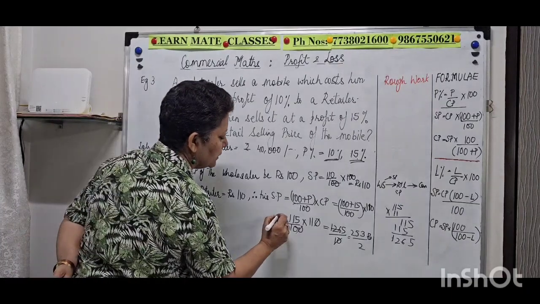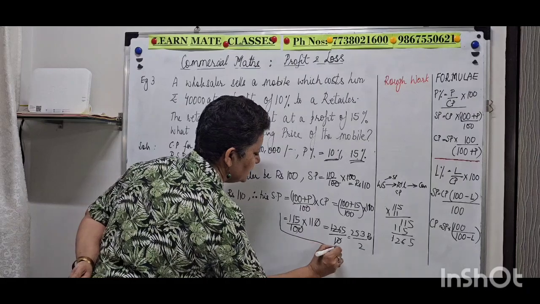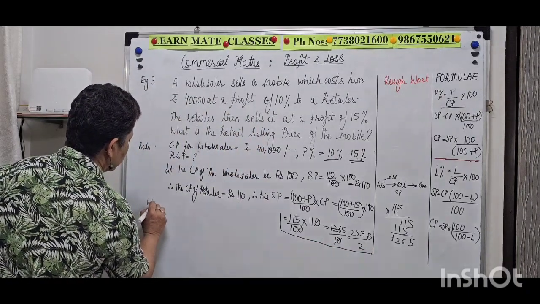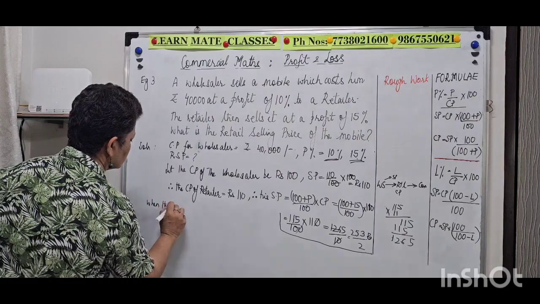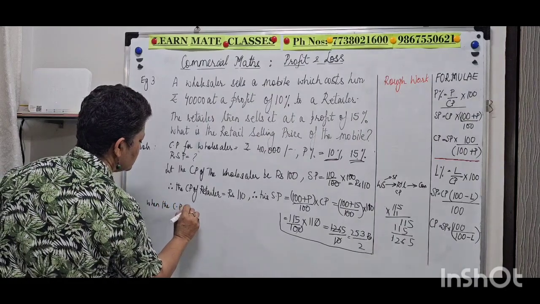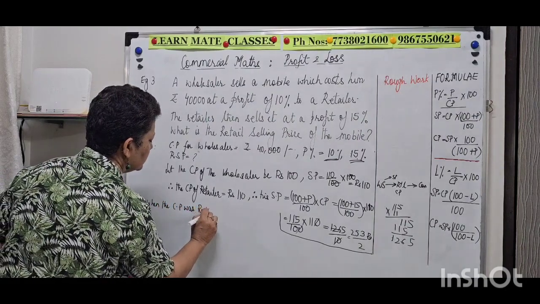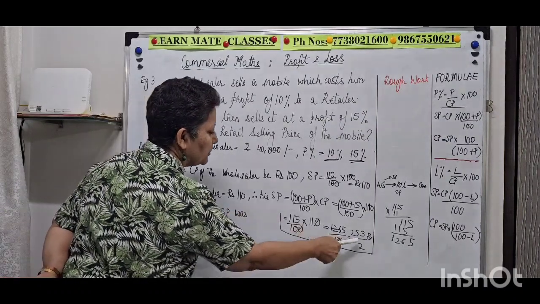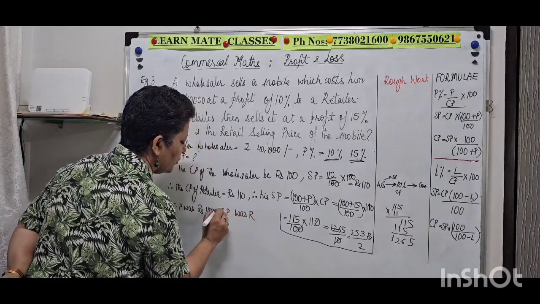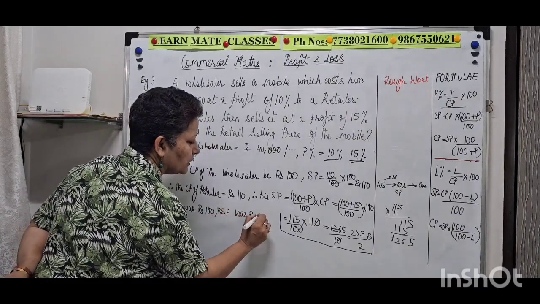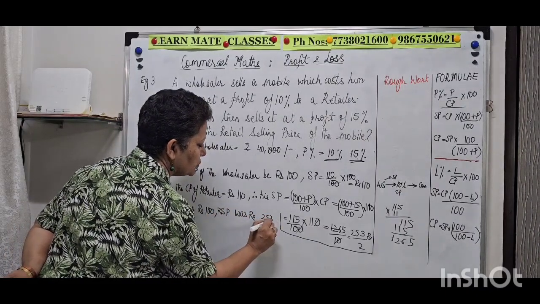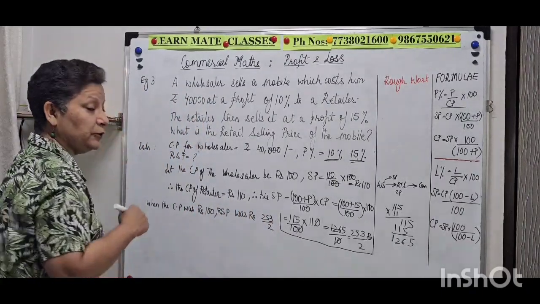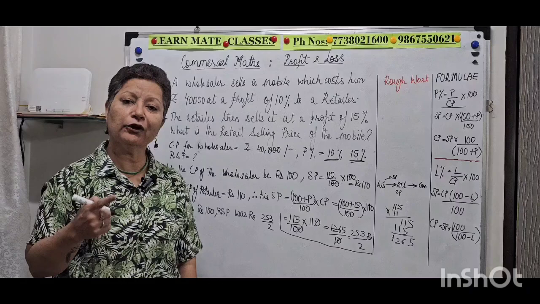Now I'm going to be using my unitary method, and I'm going to say when the CP was rupees 100, the SP, which I'll call RSP, was 253 upon 2, right? What do I do in unitary method? I always find out the value of 1.